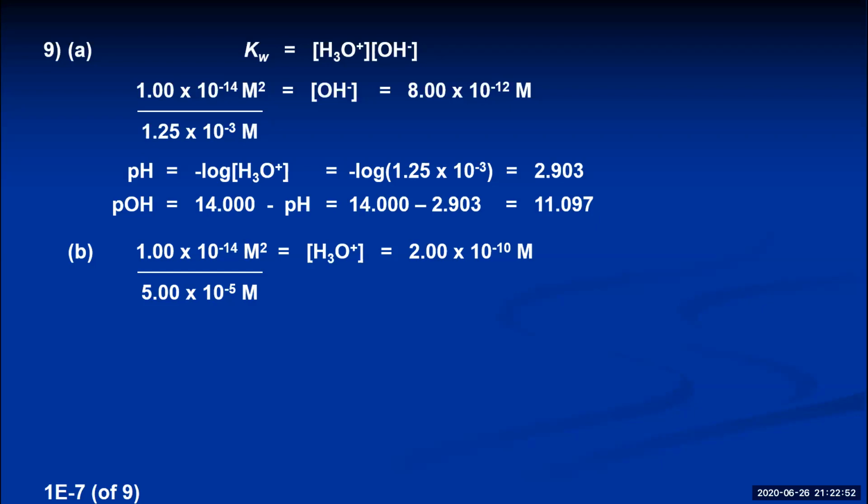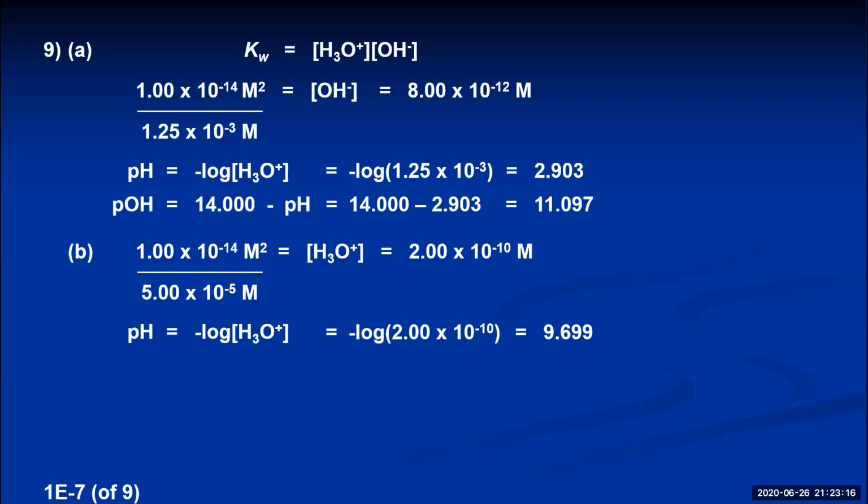If we want to get the pH, we've just now calculated the hydronium ion molarity, so I'm going to take the negative log of 2.00 times 10 to the minus 10th. That's a 3 significant figure number. So now when I get my pH, I'm going to write that to 3 significant figures, which means because it's a logarithmic number, 3 places past the decimal point, so the pH comes out to be 9.699.